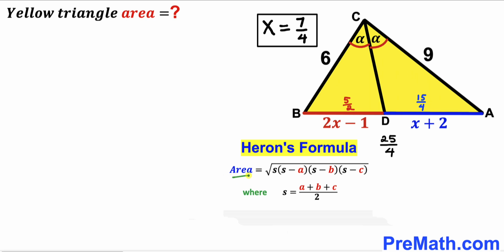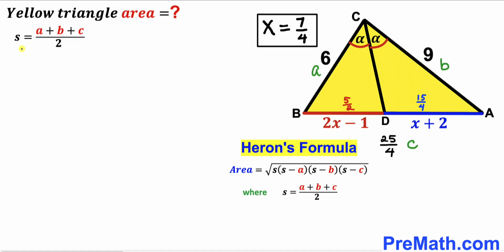The area of the triangle is equal to the square root of s times s minus a times s minus b times s minus c, where s is equal to side lengths a plus b plus c all over 2, where this lowercase s is called the semi-perimeter. Now I'm going to label this side lowercase a, this side lowercase b, and this side lowercase c. Then our lowercase a value is going to be 6, lowercase b value is 9, and lowercase c value is going to be 25 divided by 4.